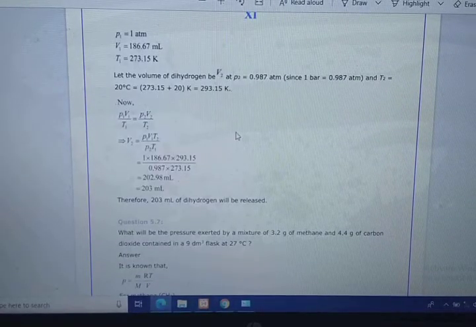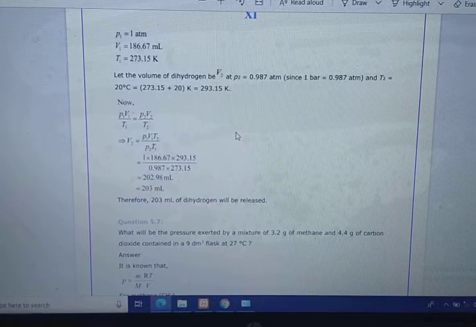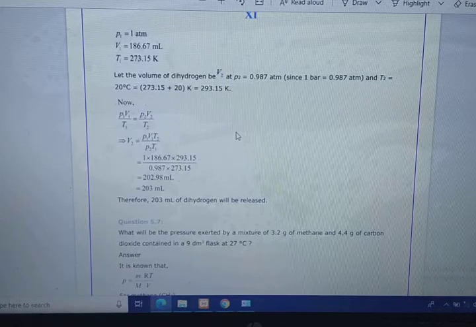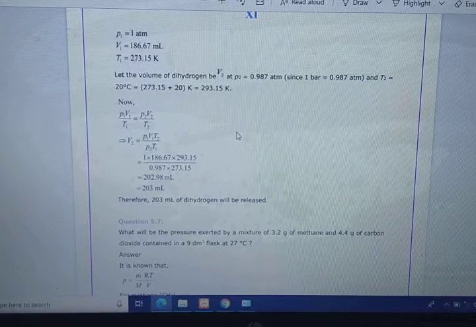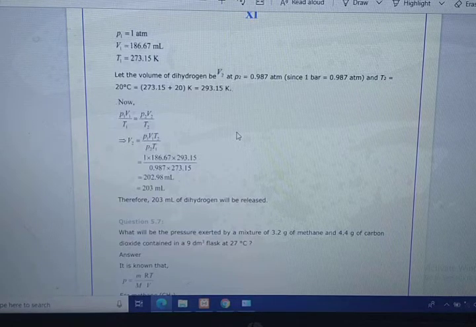P1 is equal to 1 bar pressure, V1 is 186.67 ml, T1 is 273.15 Kelvin. Let the volume of dihydrogen be V2 at pressure P2 of 0.987 atmospheric pressure, since 1 bar is equal to 0.987 atm, and T2 is equal to 20 degrees Celsius, that is 273.15 plus 20 Kelvin, equal to 293.15 Kelvin.